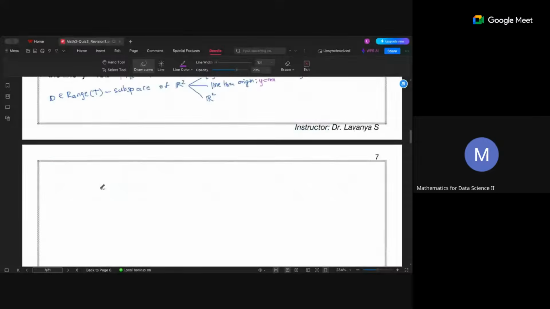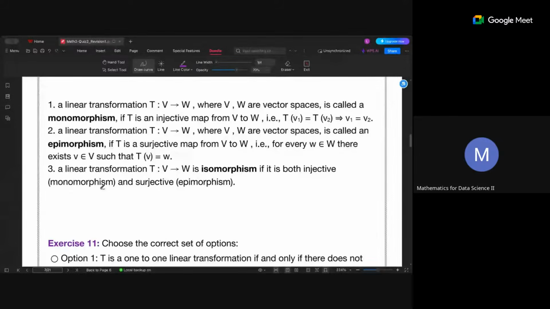So you can take any m, here m is 1. Okay, the next thing, we are moving to a linear transformation T from V to W, where V and W are vector spaces, is called a monomorphism, that is an injective map. So T of V1 equal to T of V2 implies V1 equal to V2. This is the definition of an injective map. And an epimorphism is a surjective map.